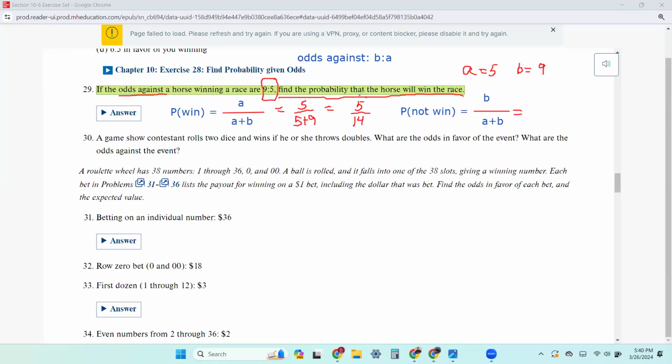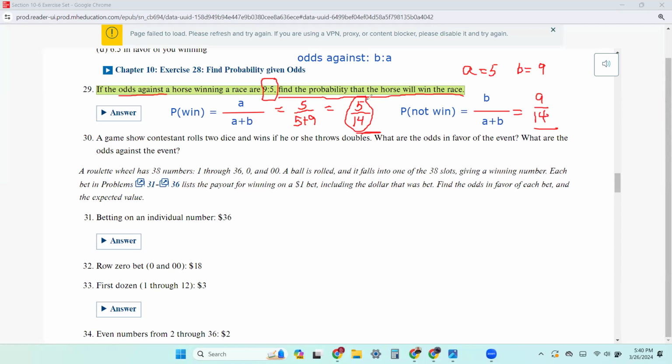This is the one that they're asking for, but I'm just going to show you everything. All right. So this would be 9 over 14. What do you notice about the denominator of these two? They're both 14, right? And that's the way probabilities work.